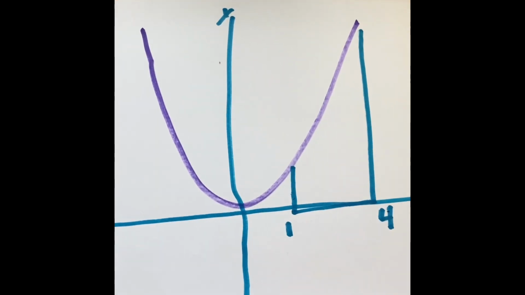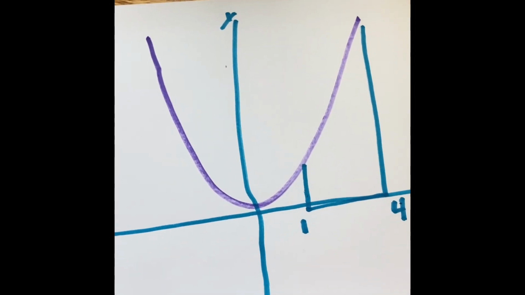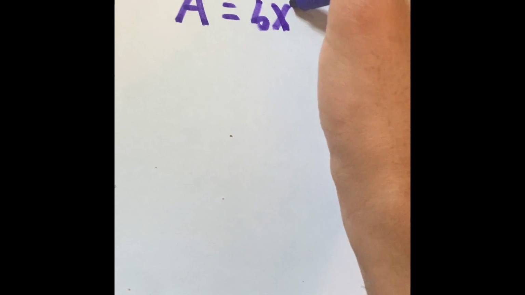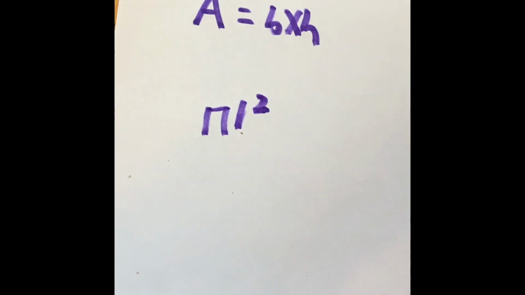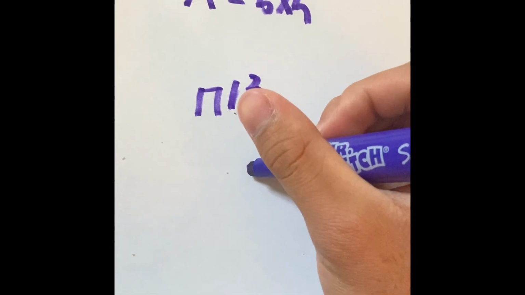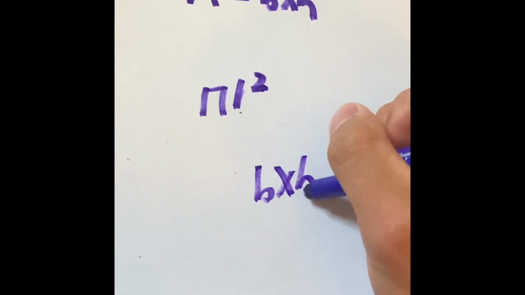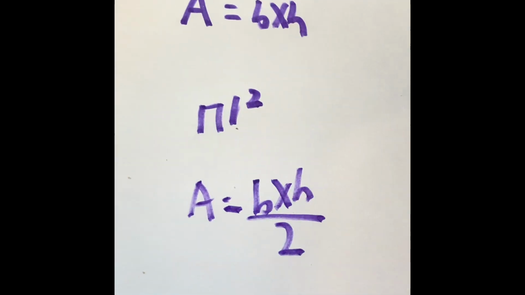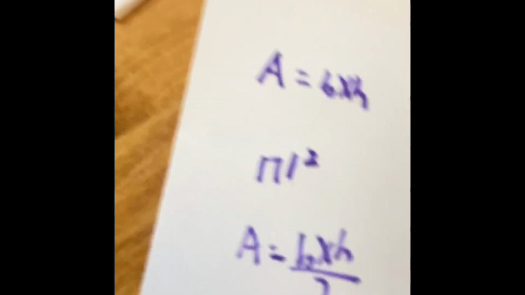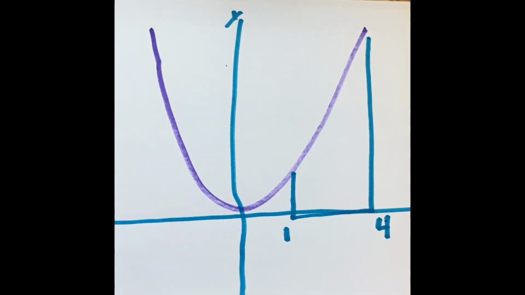If we compare with other kinds of shapes, like squares, rectangles, and circles, it's different because these shapes have fixed formulas, like A equals base times height for a square or rectangle, or pi r squared for a circle, or base times height divided by 2 for the area of a triangle. The problem is, what's the formula for this?